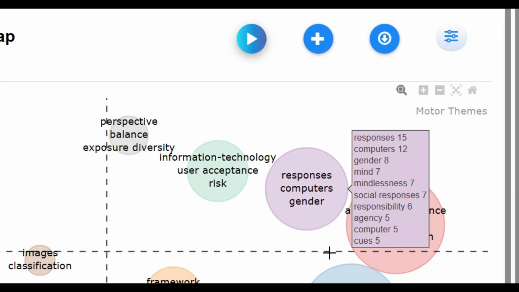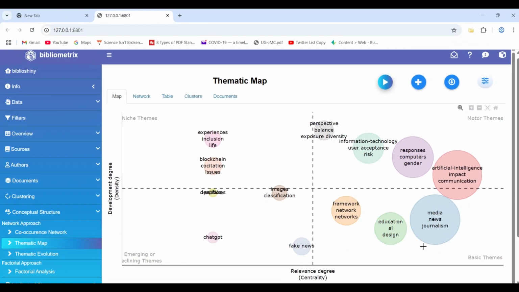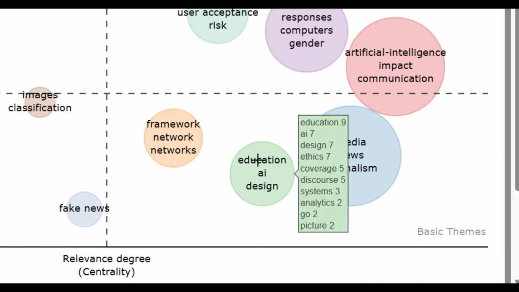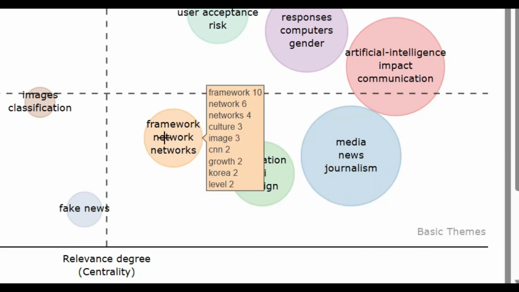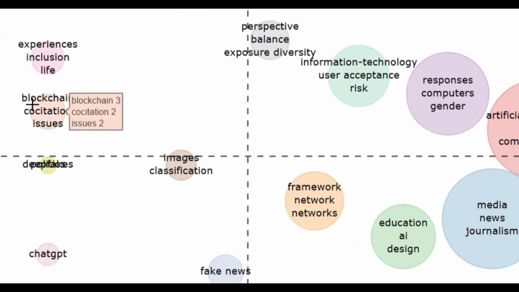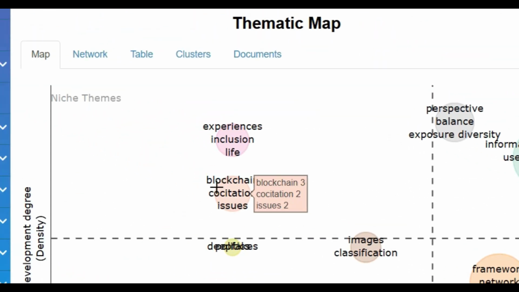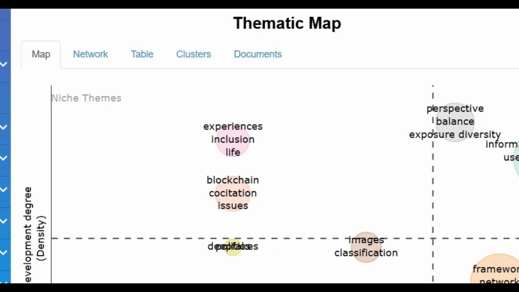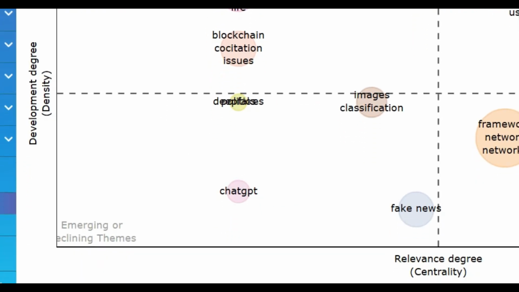So these are again important themes here, but with low density. So they're important but still under development or broadly constructed themes. If you see this one, this is low centrality but high density. They are well developed but isolated themes, and here they are either declining or they are newer themes.